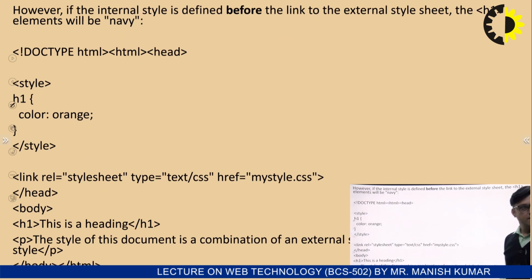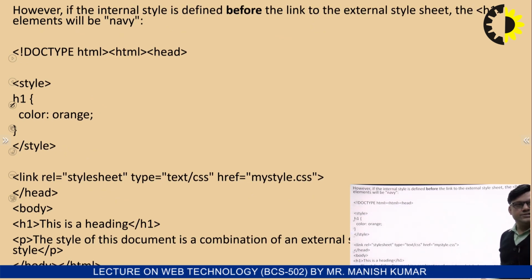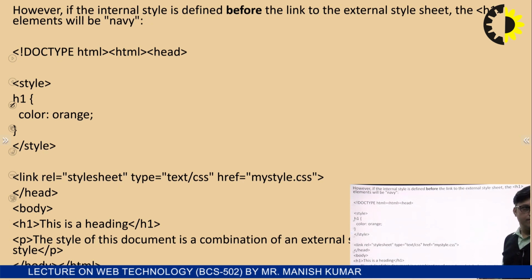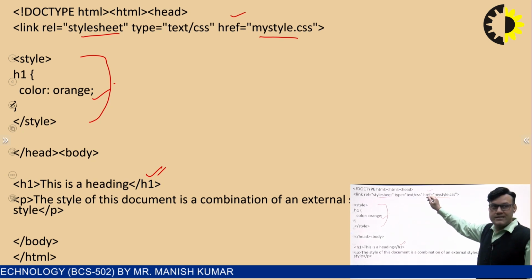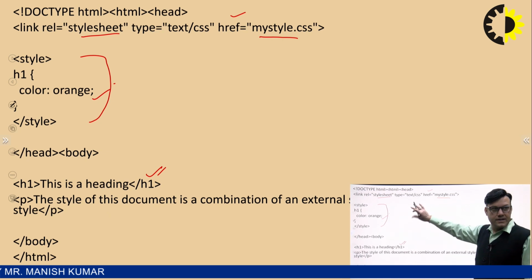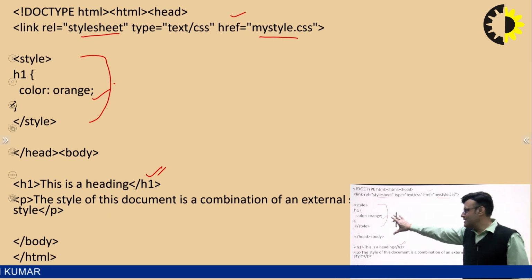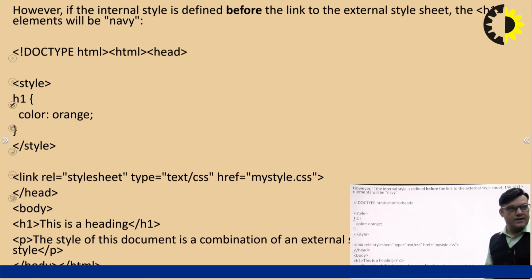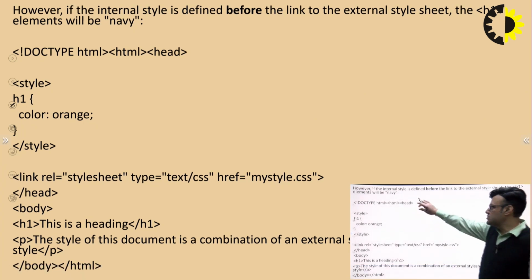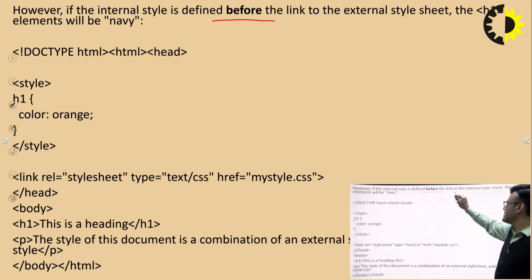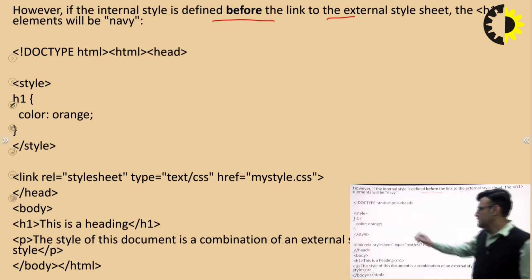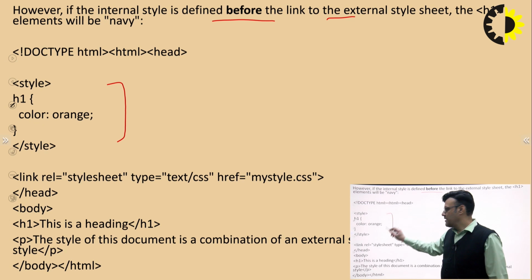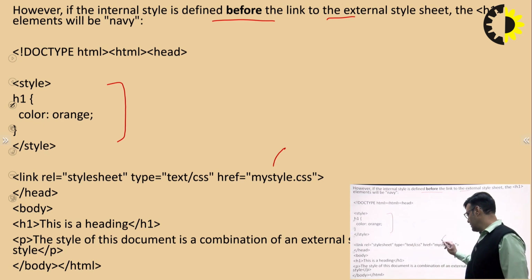Now, if the internal style sheet is defined before the link, for example, in the previous example we defined the external sheet first, then we included the internal CSS. So in that case, internal CSS properties will be reflected. Now if I have used the internal CSS style before the link, so here I have first defined the internal CSS and now I have included external CSS.